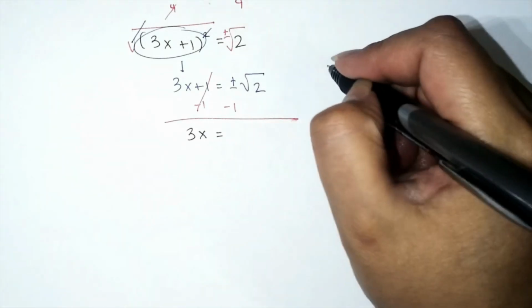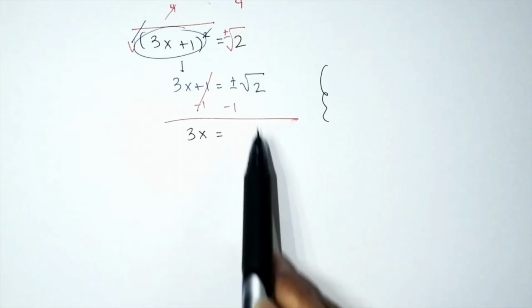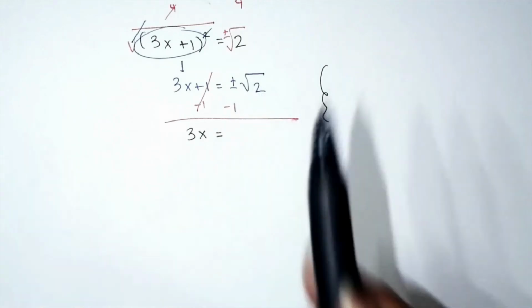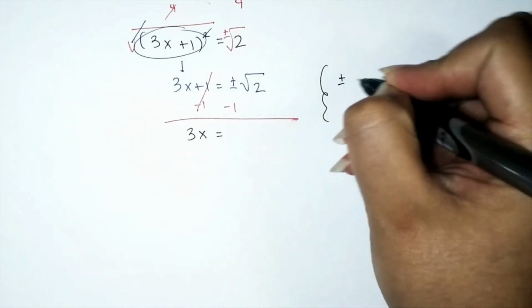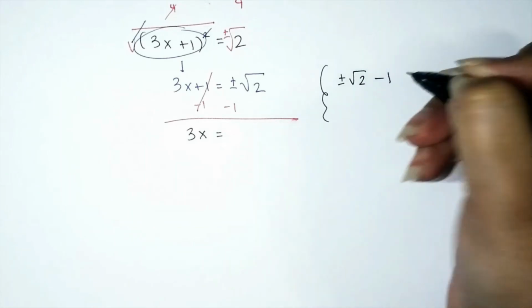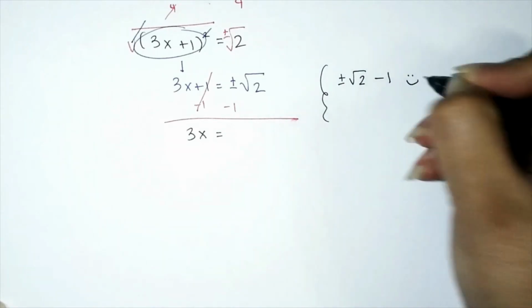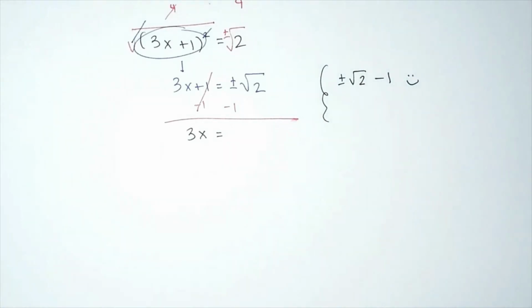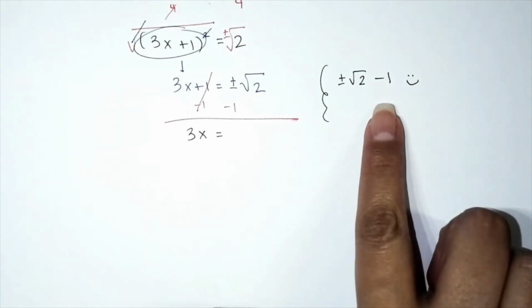Some students like to write it from top to bottom: plus or minus square root of 2, then the minus 1, which is okay. But for me, it's not aesthetically pleasing. If this works for you, then it works for me.